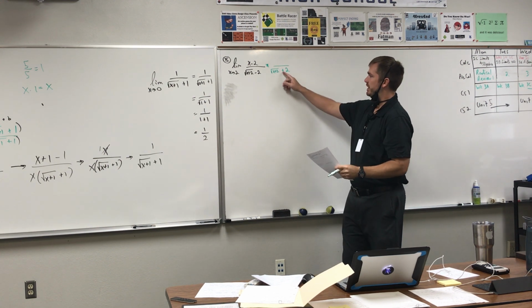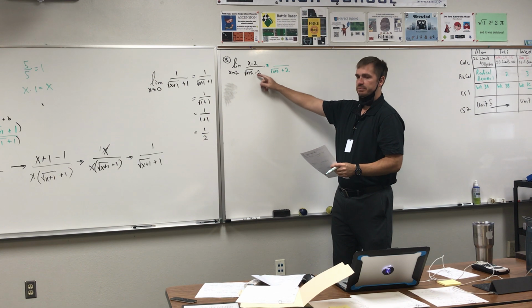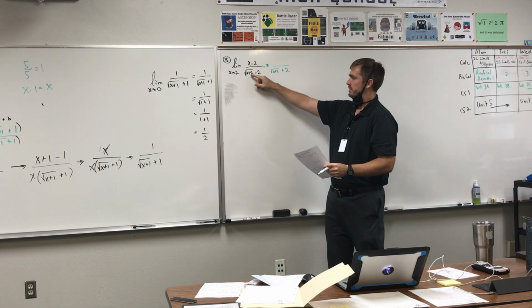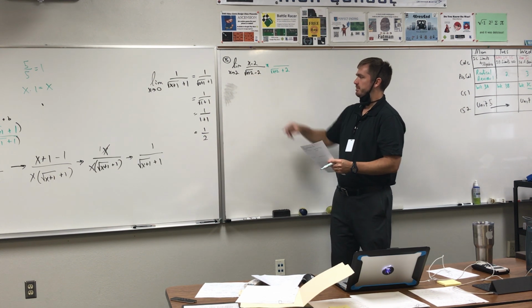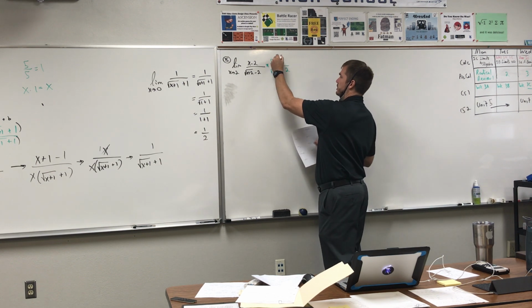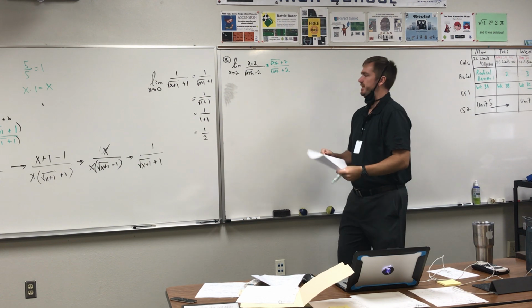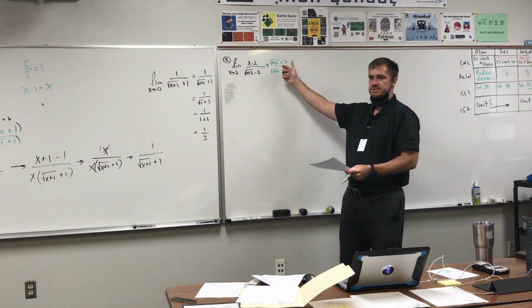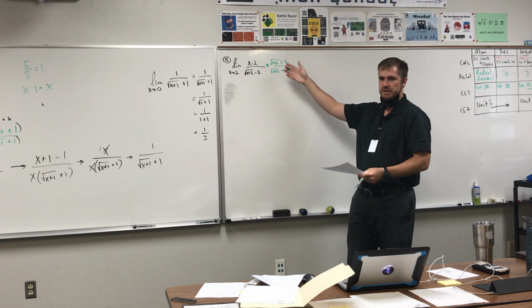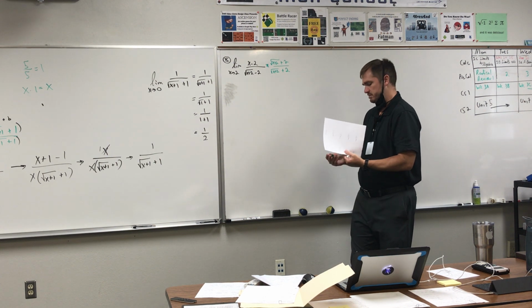Notice I'm putting the opposite sign, the plus rather than the minus, as it relates to those two terms, a minus b, a plus b. And then put the same thing over itself, square root of x plus 2 plus 2. So it doesn't really matter if it's square roots in the numerator or denominator, our process is going to be the same. We're going to multiply by the conjugate, voila.